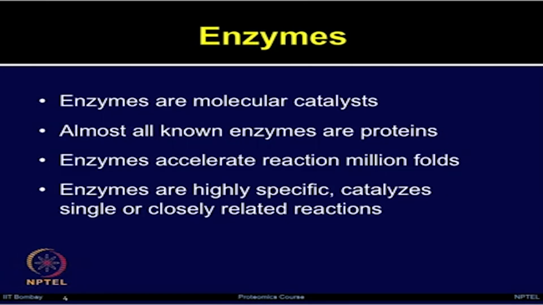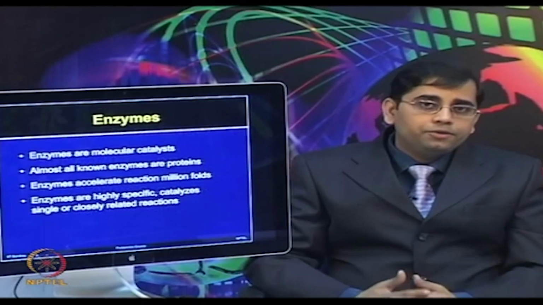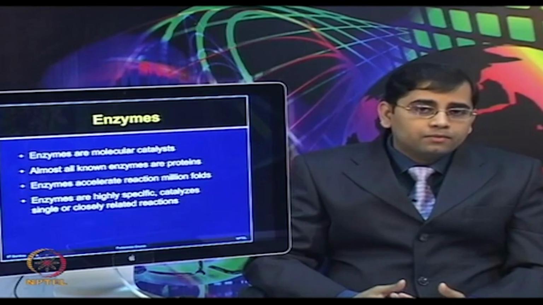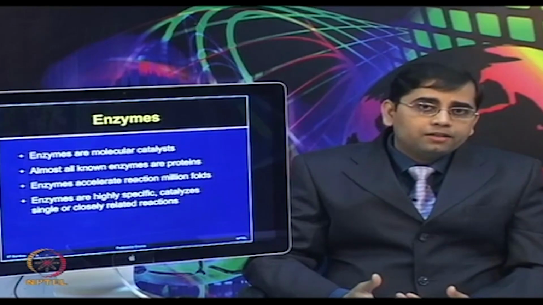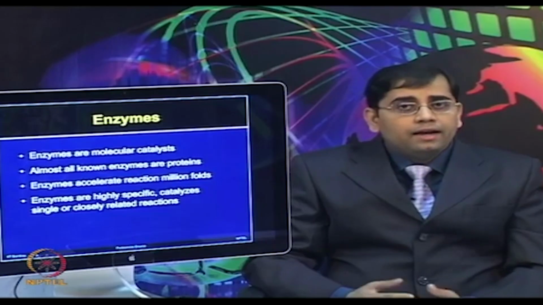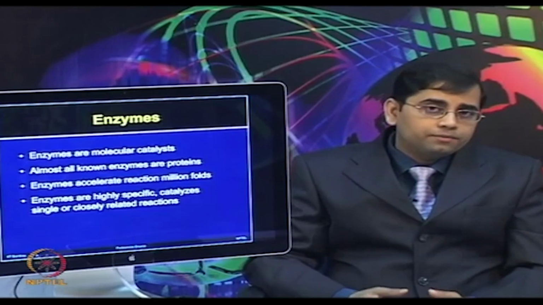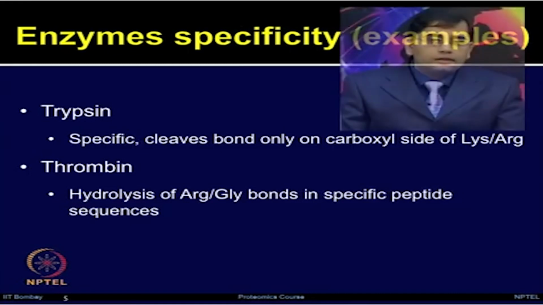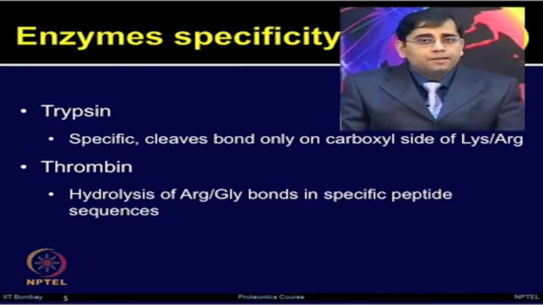These enzymes are highly specific and they catalyze a single or very closely related reactions. There are various examples which we will talk about during the entire lecture, how enzymes regulate various reactions. There are certain proteolytic enzymes, for example, which catalyze proteolysis and hydrolysis of the peptide bond. In terms of enzyme specificity, let me give you a few examples. Trypsin is highly specific.